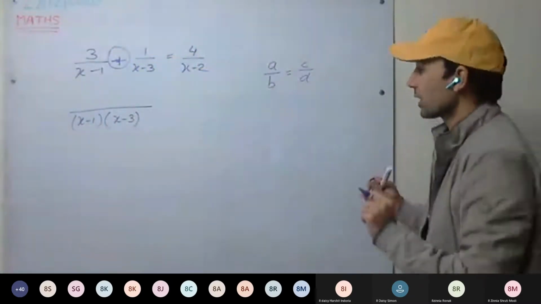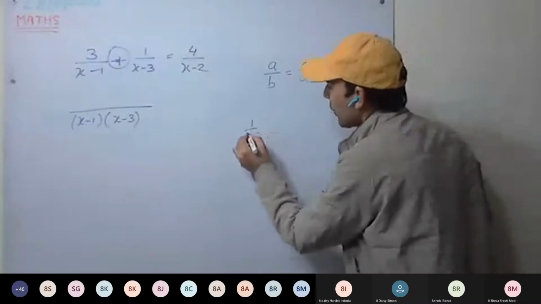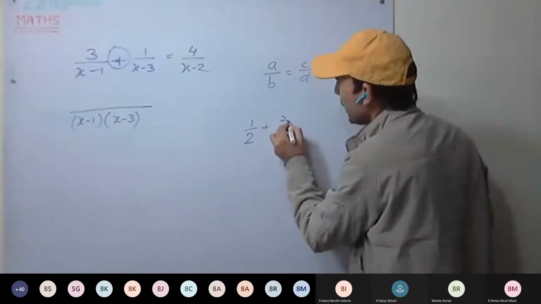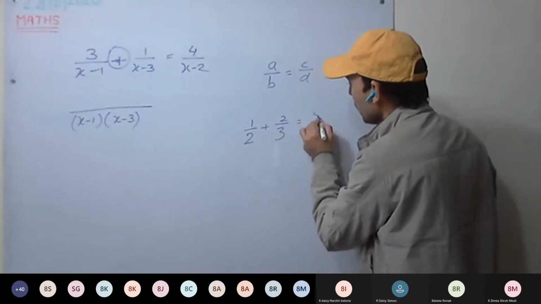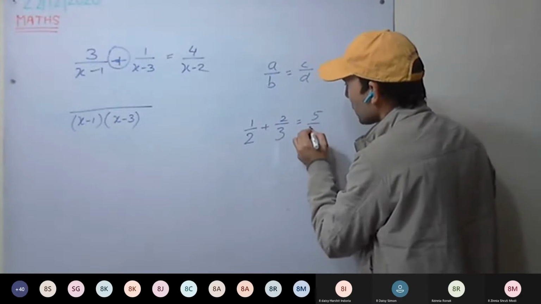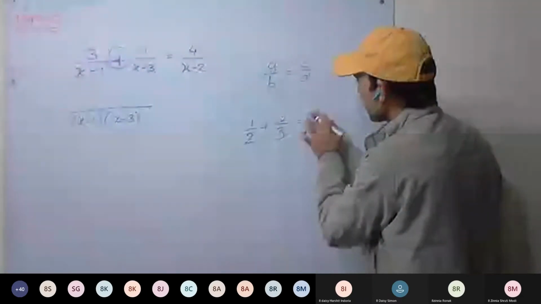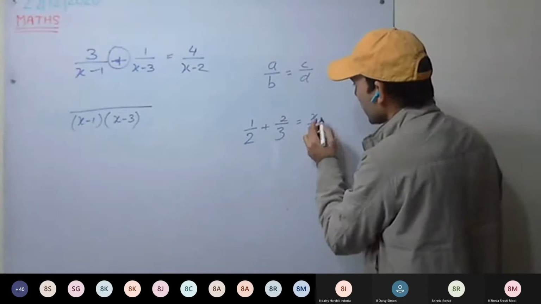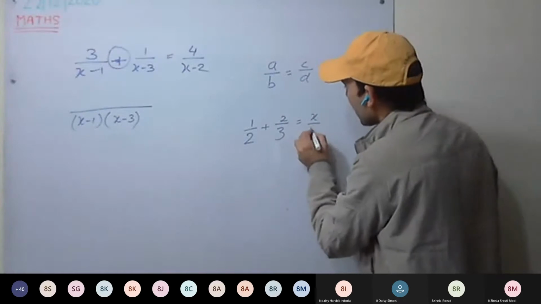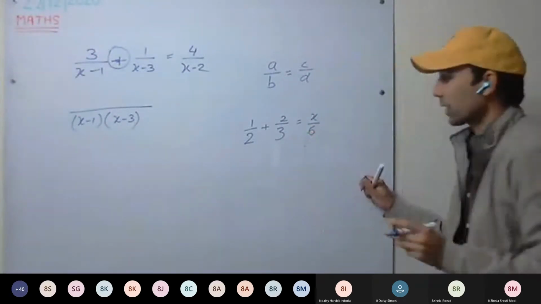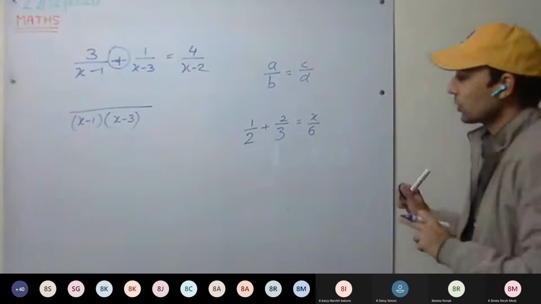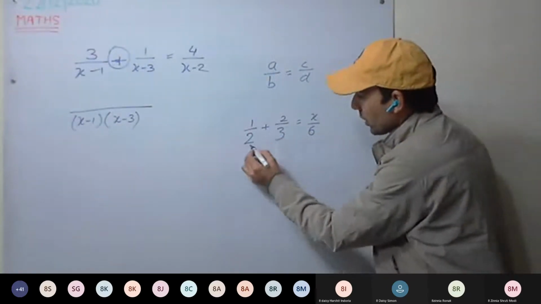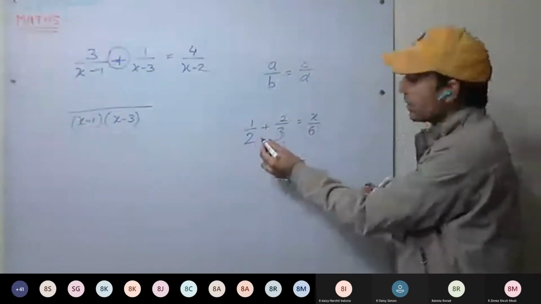Is it fine? Okay, this is like the question 1 by 2 plus 2 by 3 equal to, say, x by 6. How to solve this one? First we will solve the left hand side.